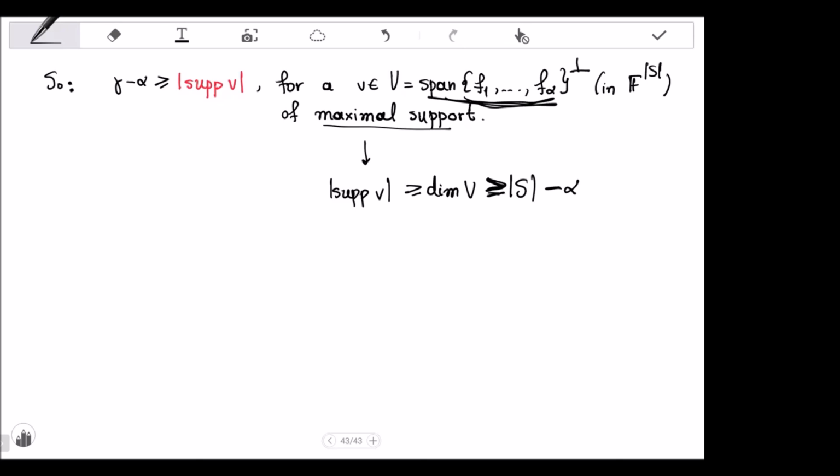And we're done, because this uniform upper bound on the slice ranks is at least this specific slice rank. So gamma is at least the size of S. And this gamma was the slice rank of M. So for a diagonal tensor, you have full rank. I think this is nice. I like it.